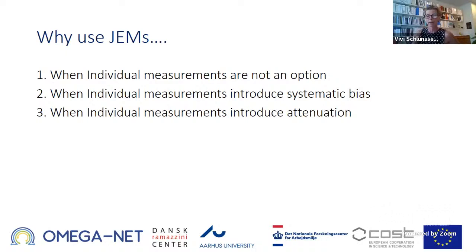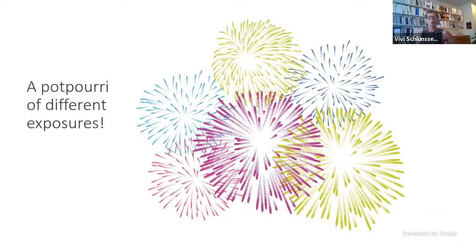I will come back to those three points in more detail. But first, I want to show you some exotic examples, because now we are getting used to JEMs within the mechanical and the chemical, more traditional area. But you can be sure there are JEMs out there for almost every exposure you can think about.